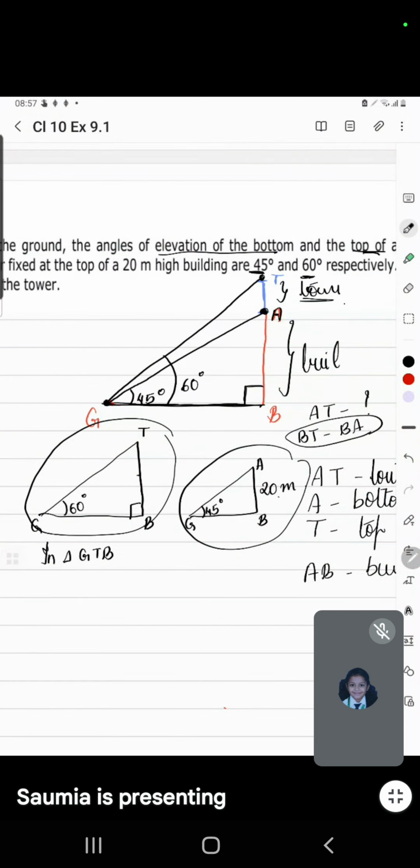Triangle AGB. Yes. So in this triangle, let me find out any other side. Which ratio will I take? Sine ratio.